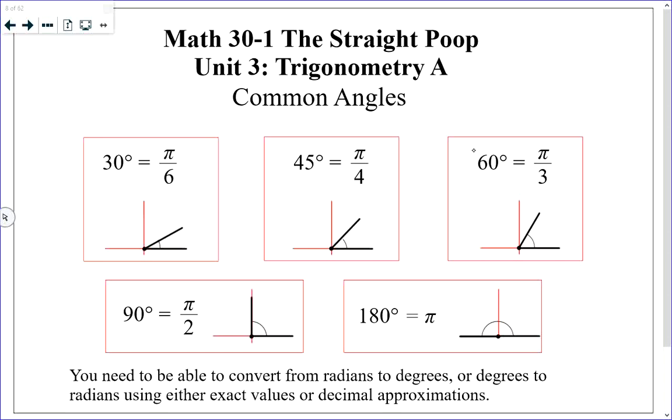You would have pi radians over 180 degrees equals x radians over 37 degrees. And then you can cross multiply and simplify that to an exact value, or plug the result in your calculator in order to get a decimal approximation.